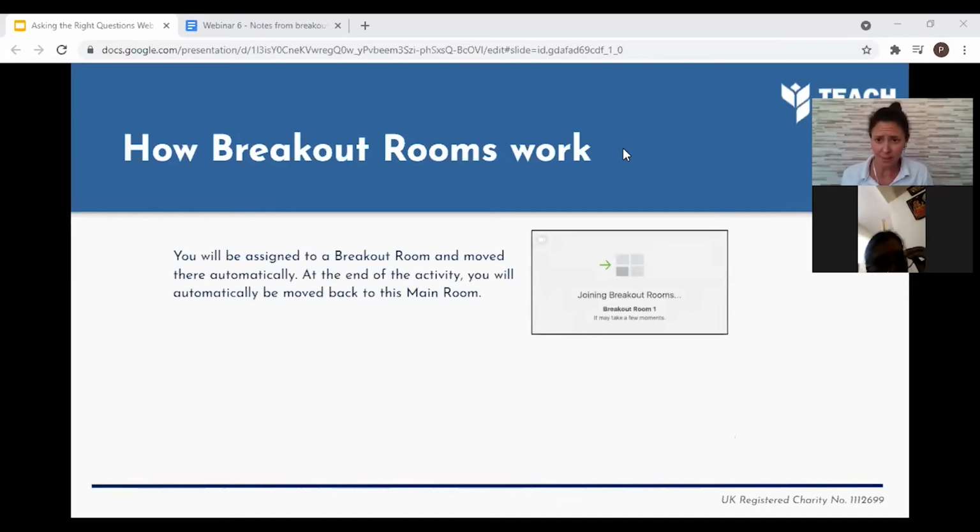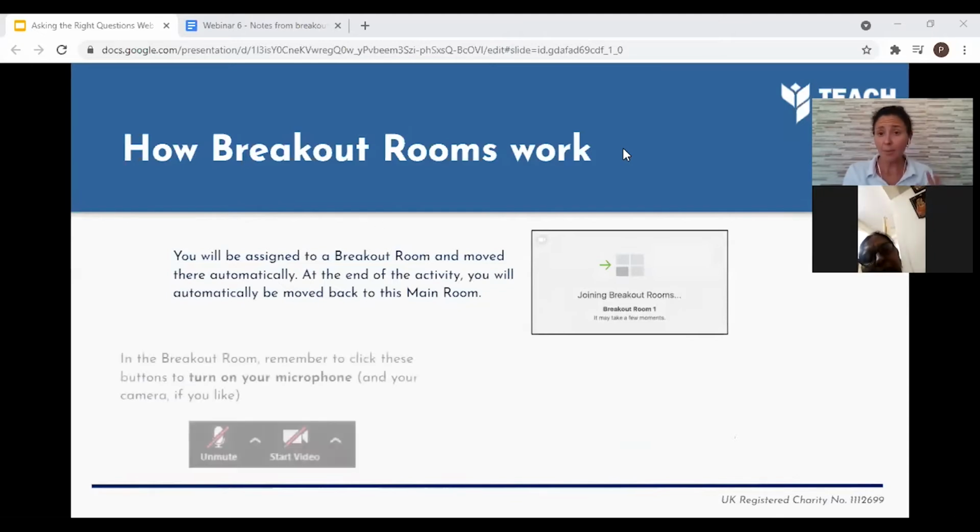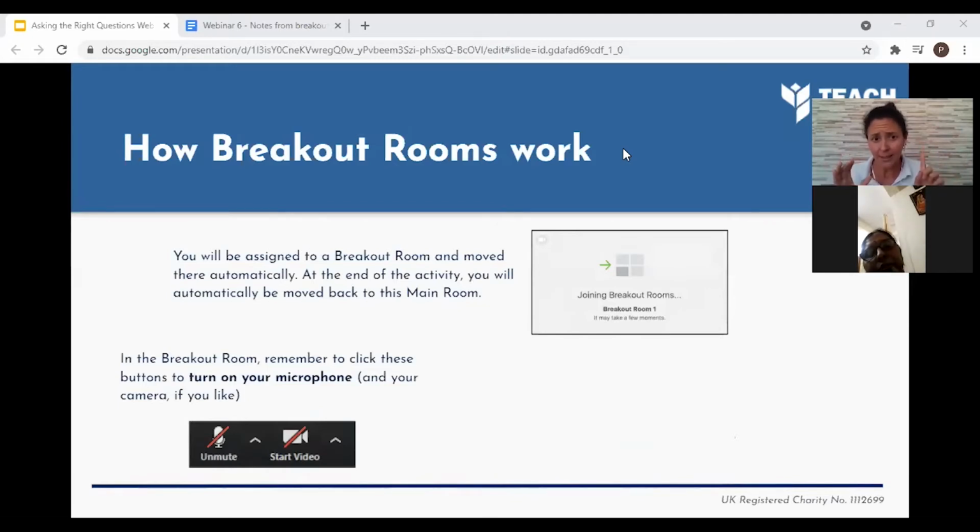At the end of the activity, you will be automatically moved back to this main room. In the breakout room, and this is highly important, remember to click those two buttons to turn on your mic and your camera if you like. You only get out of this webinar, remember this, what you put in.